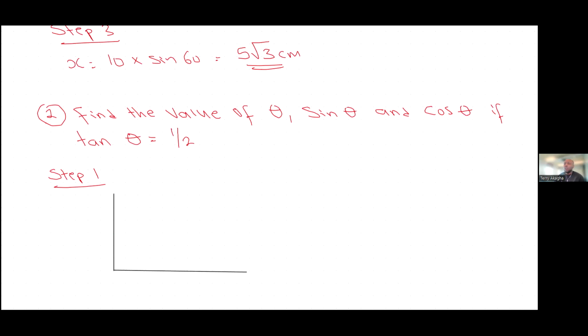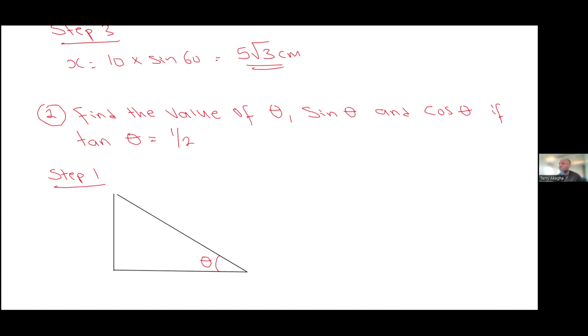So we have something like this. We're told theta, so let's assume this is the theta. Like I said at the beginning, the theta you're interested in will determine the value you're going to look at. But we're told that tan theta was 1/2.